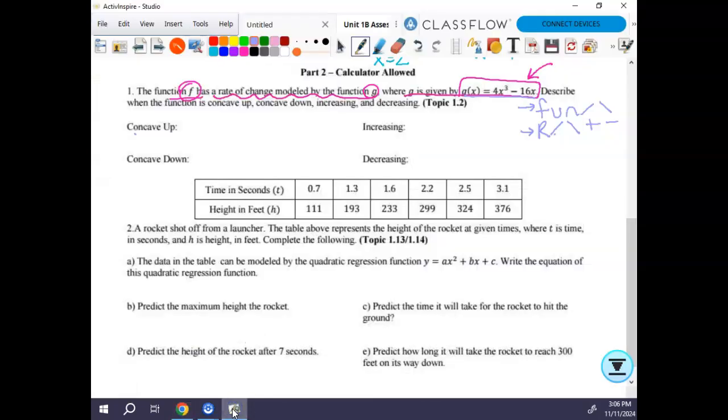So the function that we can see is increasing, which means f that we're actually talking about is concave up from negative infinity to negative 1.154, and then again from 1.154 to infinity.